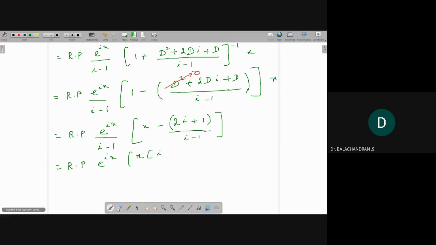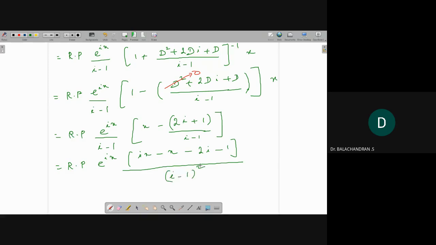Or you can directly multiply: ix minus x minus 2i minus 1. Here also you have i minus 1, so (i minus 1) whole square.